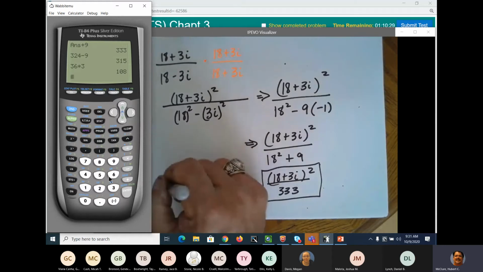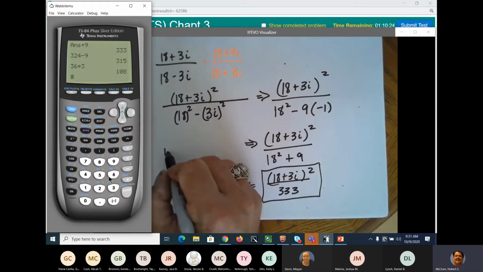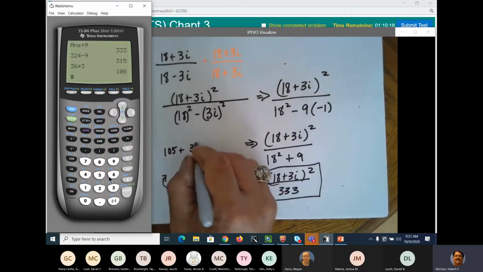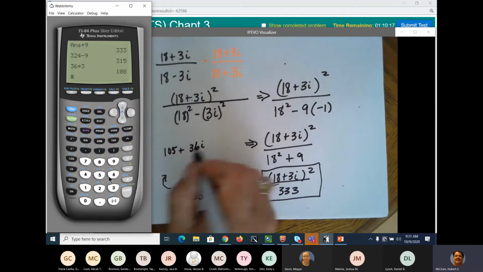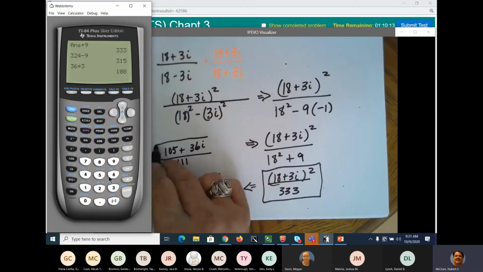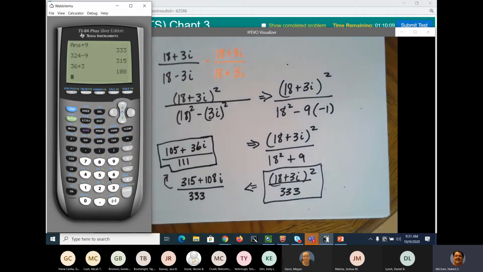So it may give you 105 plus 36i over 111. Now, if I did everything in my head right, which is very doubtful, that should be your answer. Let's check it and see.